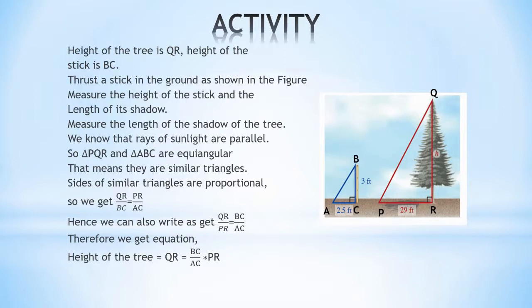We know the values of BC, AC and PR. When we substitute those values in this equation, we get the height of the tree. Accordingly, by using the similar triangles property, we can find out the height of the tree.